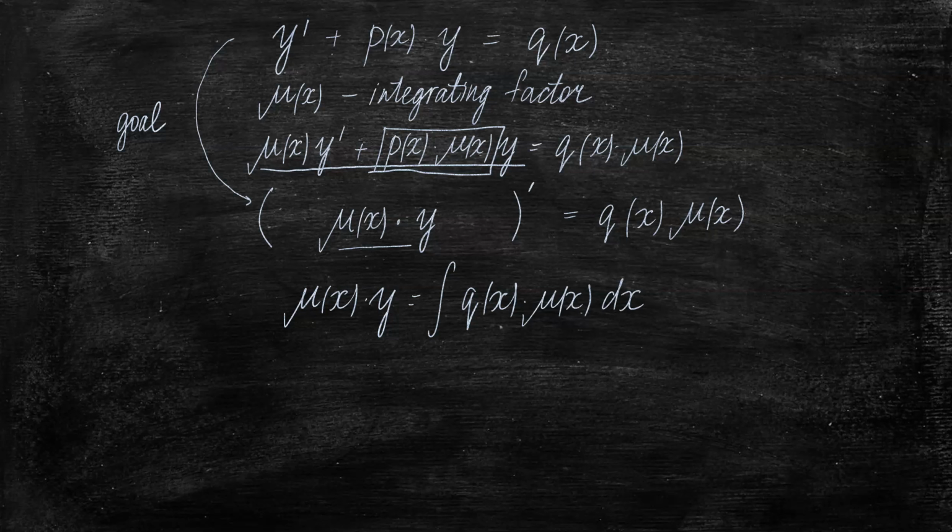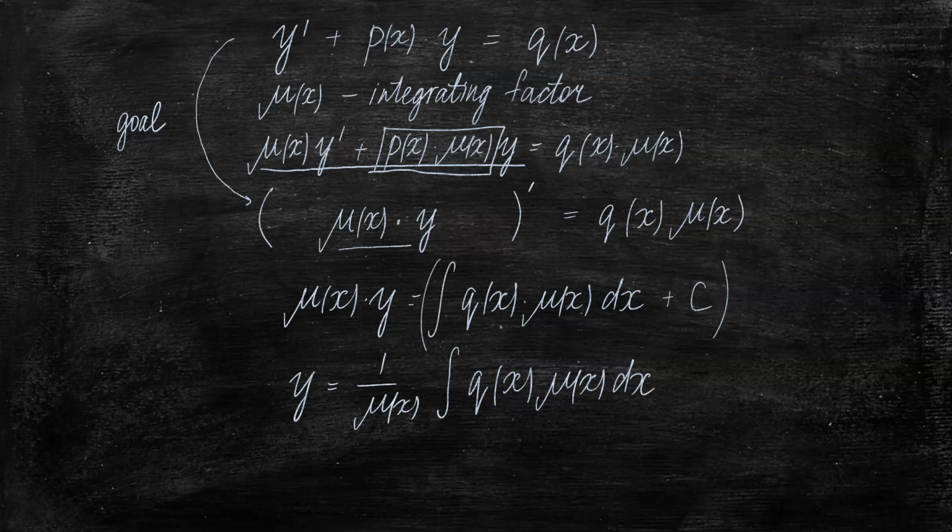So the last step that we would have to do is divide both sides by mu of x. So again, remember, part of this indefinite integral will be some constant of integration, and then all of this will be divided by the integrating factor to obtain the general solution in explicit form.